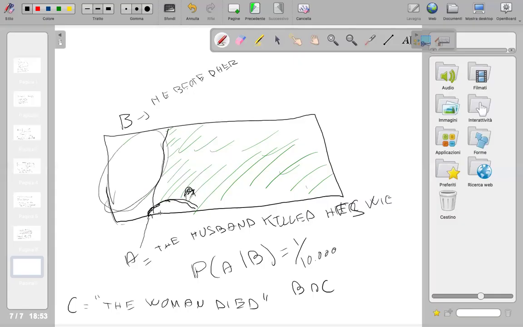C, for instance, is this one, let me paint it in red. So maybe C is the event that the woman died, like this one.